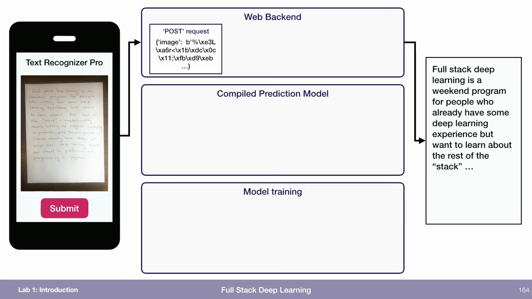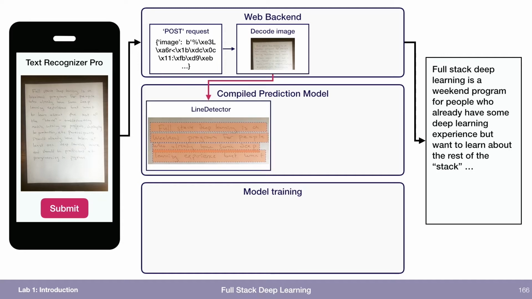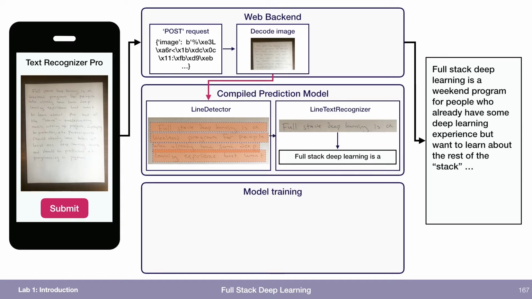And so in a little bit more detail, you'll receive a post request coming in that has an image with some byte string. And the web backend will decode that image into something that you can read, and then send that into our prediction model. And the prediction model has two parts. The first is a line detector. What the line detector does is it looks at the entire raw image and tries to extract individual lines of text.